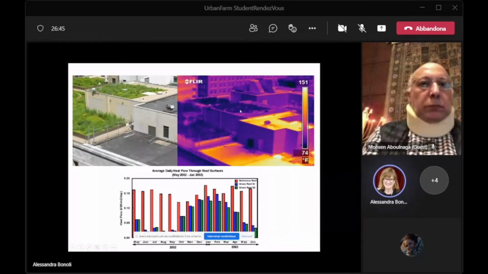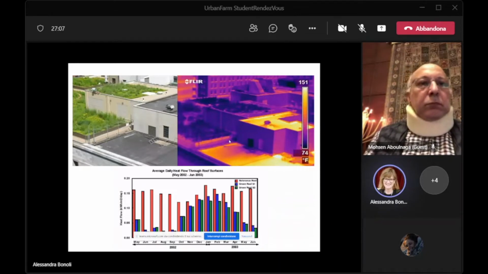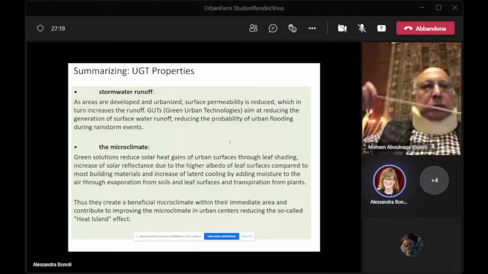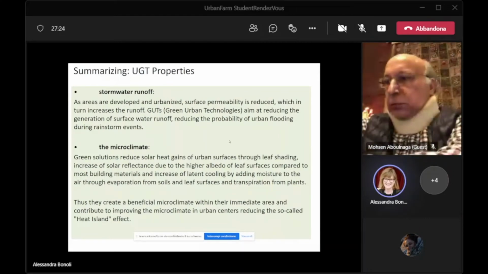And in terms of temperature, according to that picture on the right-hand side, you can see by yourself that on the gray roof a really high temperature is reached, while over the green roof the lowest temperature level is registered.